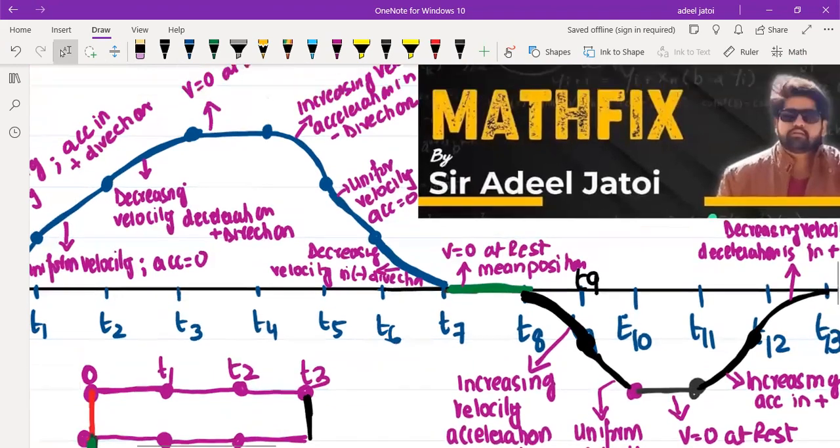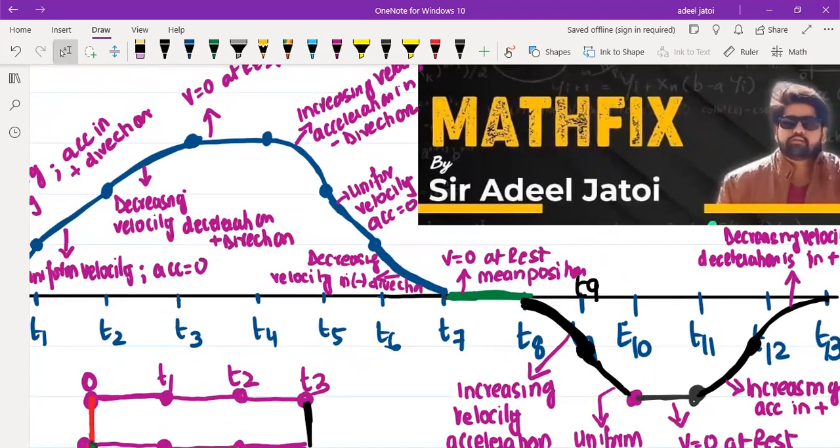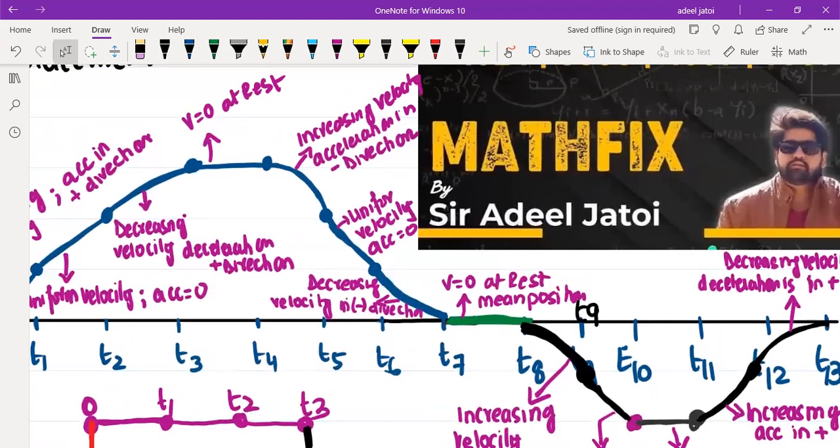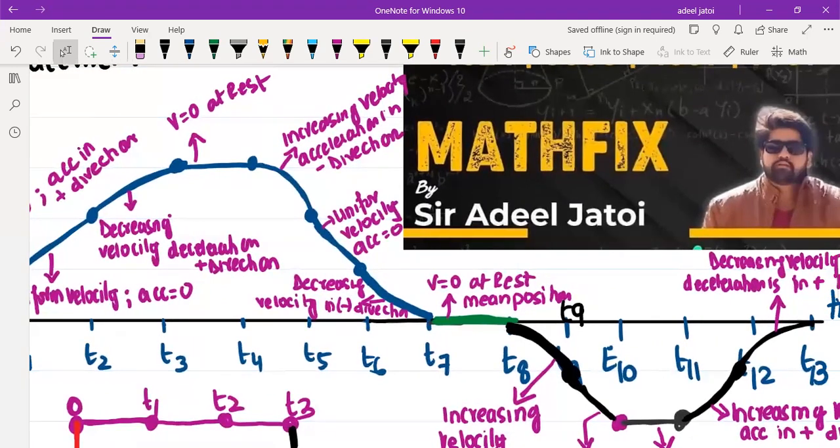T4 to T5, it is increasing velocity. Acceleration in the negative direction, coming back towards the mean position. Because obviously from rest, from velocity 0 here, we rested. So obviously the speed will be increased.